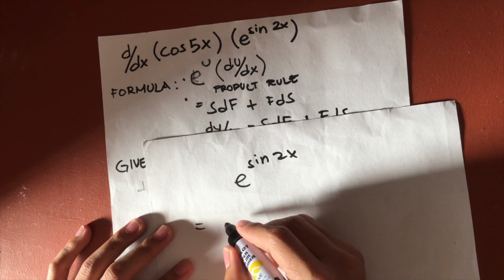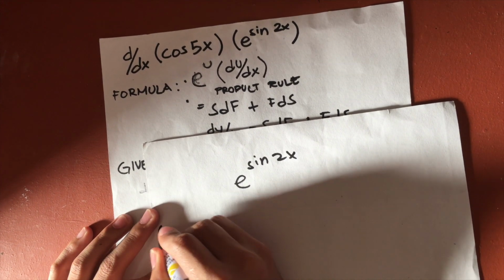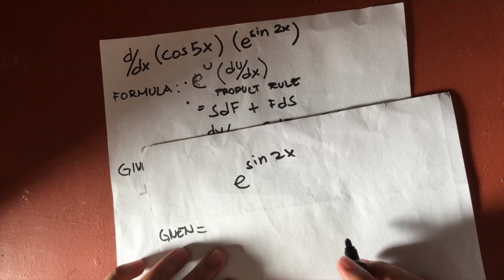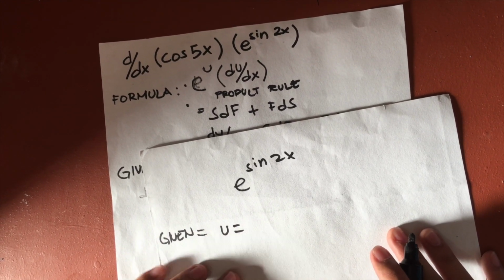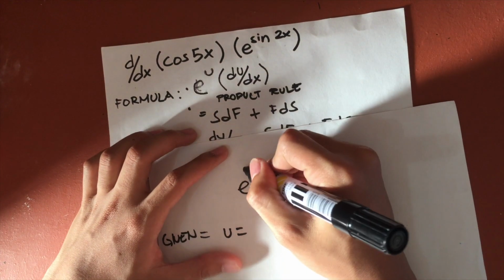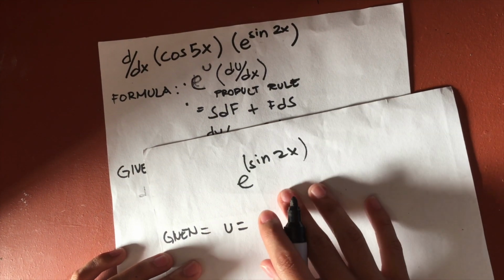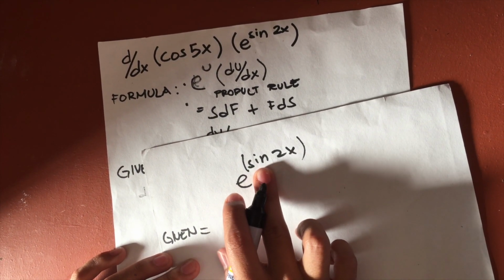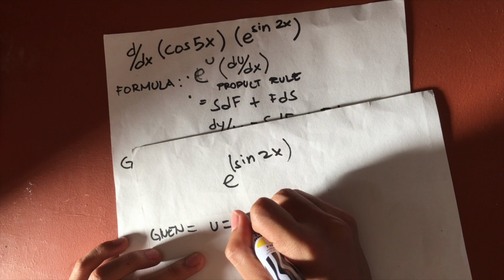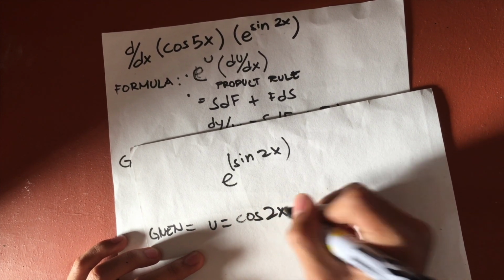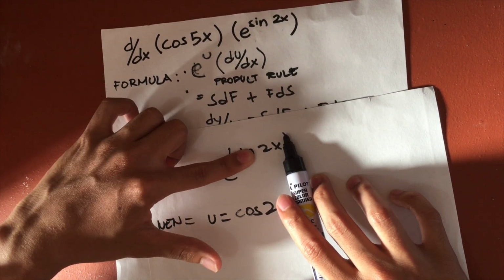The inner u is the given, and the outer is sine of u. The derivative of sine 2x is cos 2x, and then the derivative of the inner 2x is 2.